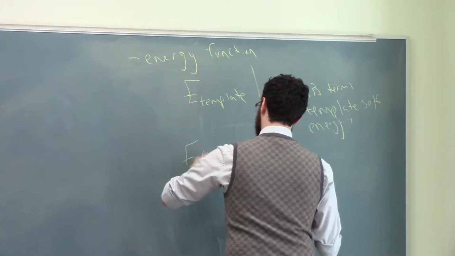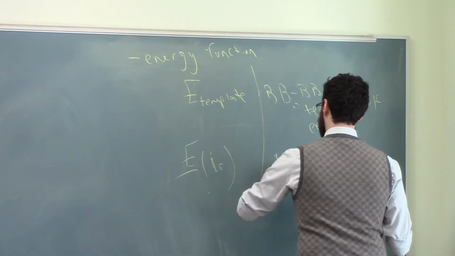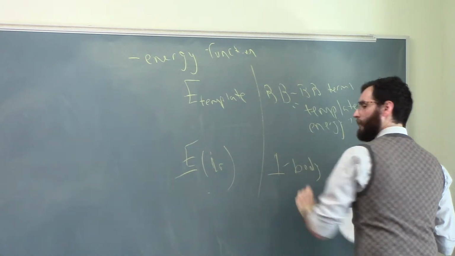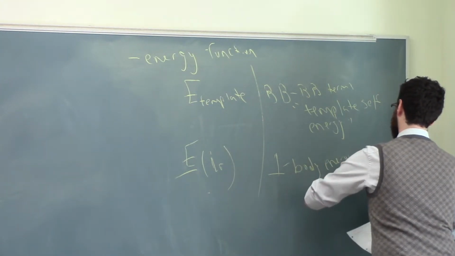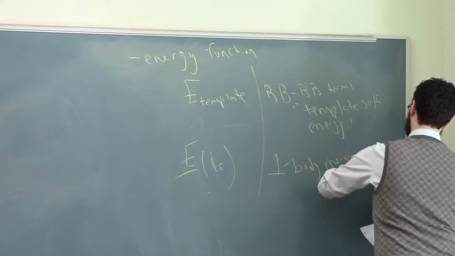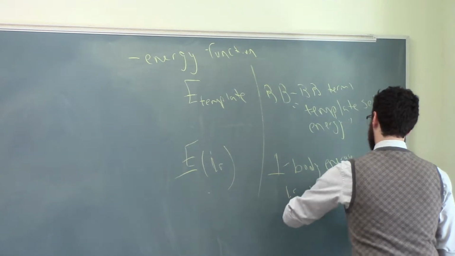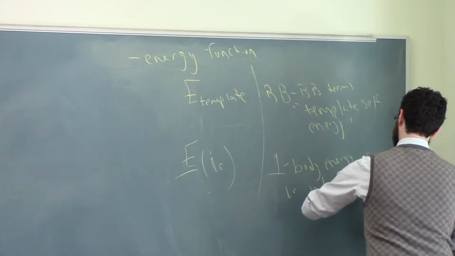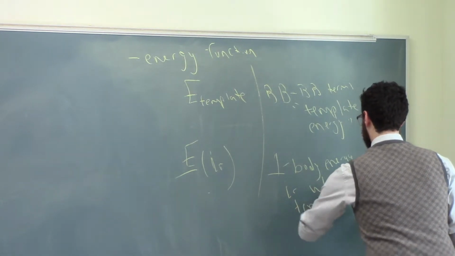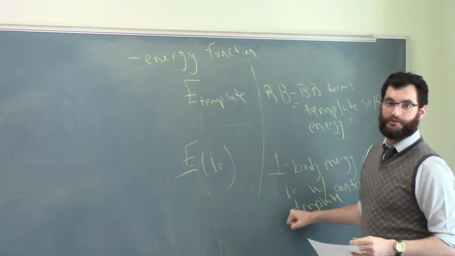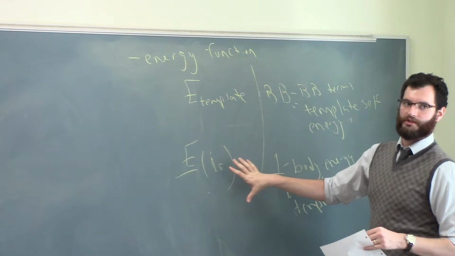There's the energy of a particular rotamer at position i, and so that's a one-body energy. But it might include some interactions with the template, so it's not entirely one body. It's just one body in terms of how it interacts with side chains.